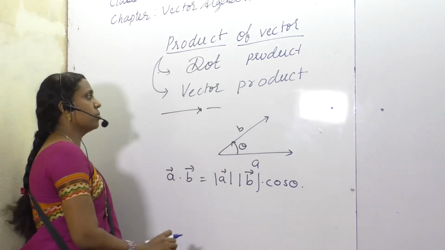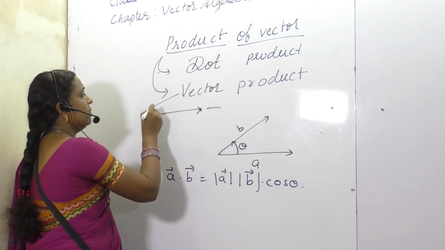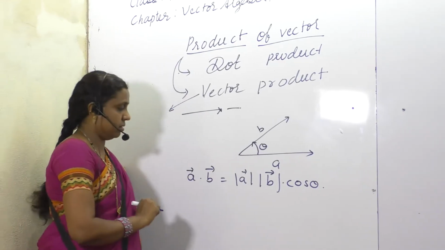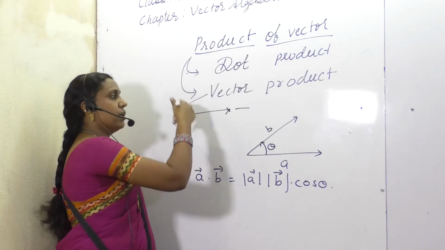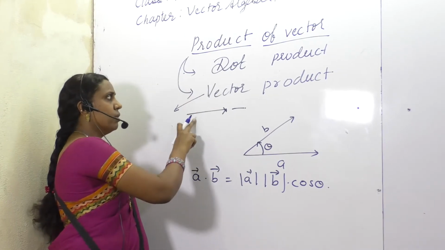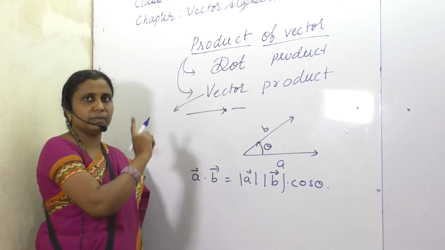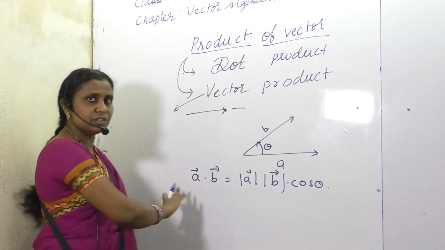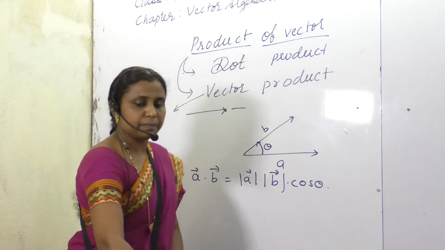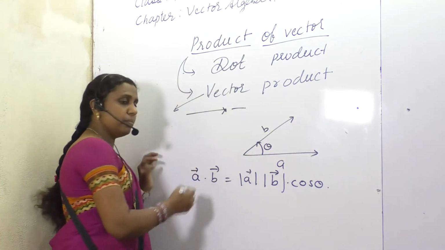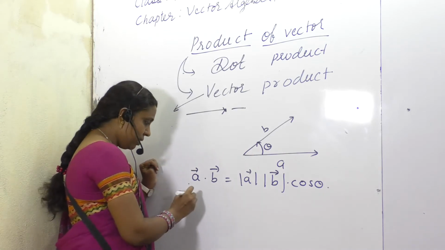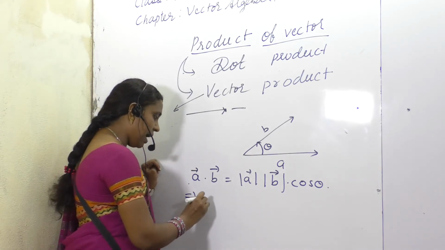Okay, this is the dot product. What is the vector product? That will be a cross b, and we will study it in more detail later, after finishing this dot product.